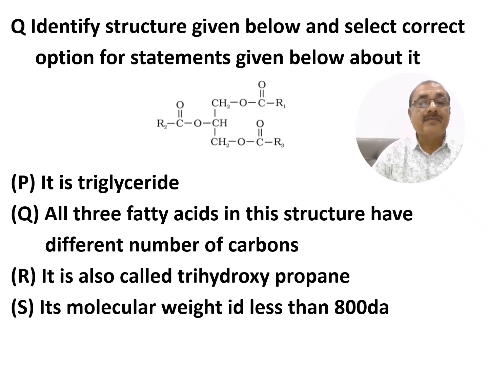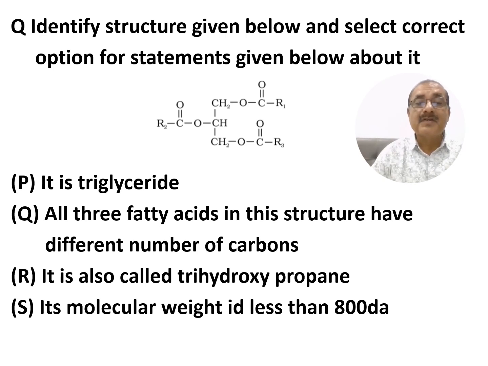Now which are correct from this? First, it is a triglyceride. Second, we have to think: all 3 fatty acids in this structure have different numbers of carbons. Here the structure is given as R1, R2 and R3. So all these obviously have different numbers of carbons.